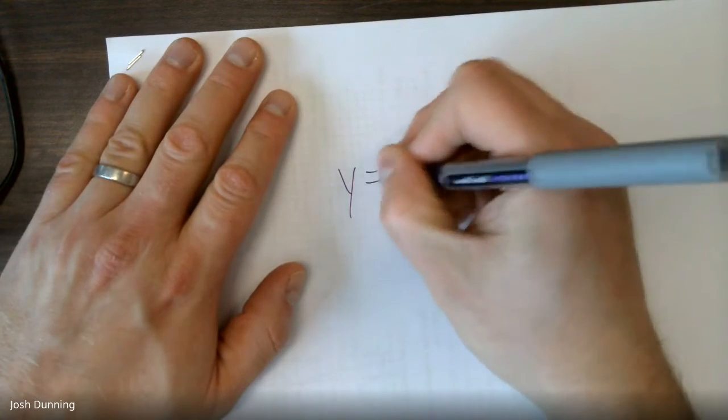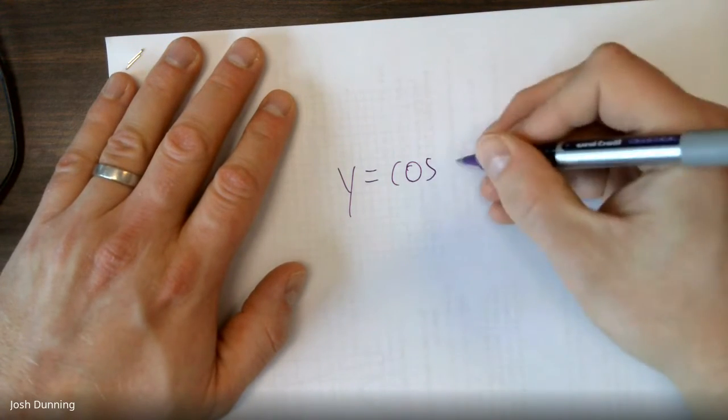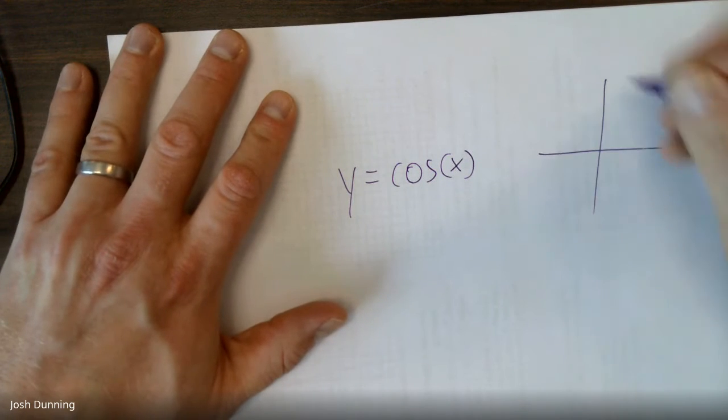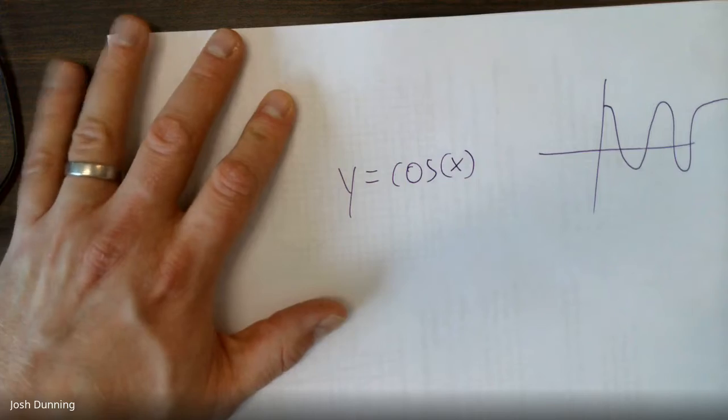Because what they can do like this year, and I don't even remember where I found it yesterday, so I'll just write it out. I showed them a couple of Regents questions where it said, below is the graph of y equals cosine of x, which we haven't even done yet, but it looks like this.